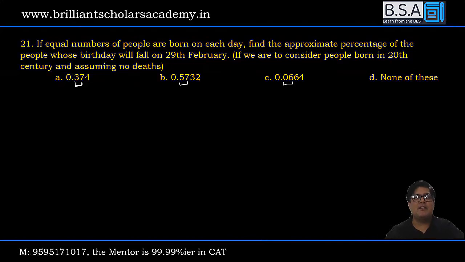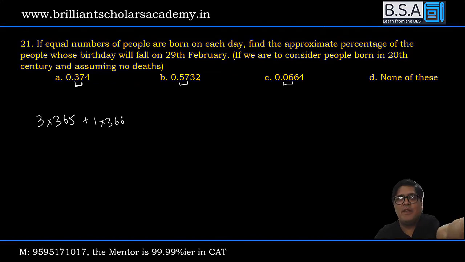If I don't pay attention to the whole century, I only focus on 4 years. We are saying one person is born every day. So can I say there will be 3 years of 365 days, that many people are born. There will be 1 year of 366 days, a leap year.